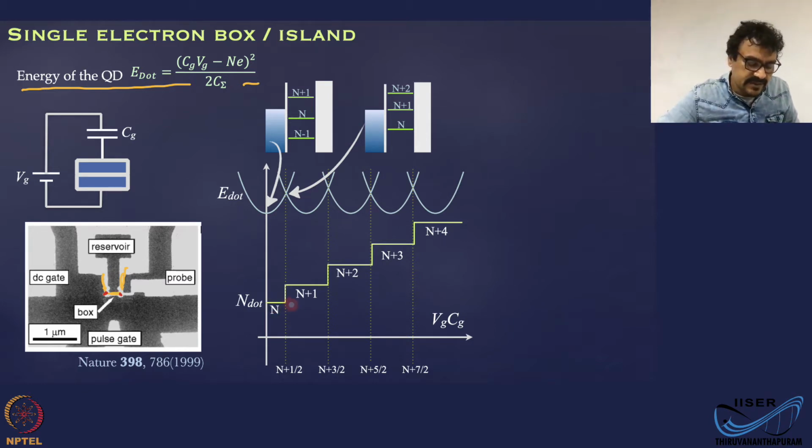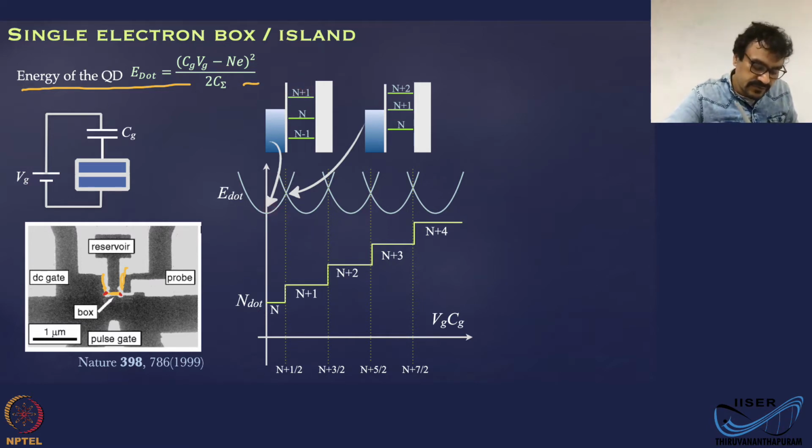At this point, at one of the bottoms of this parabola, the energy level corresponding to this point is shown here, where this state is full with n electrons, and the n plus 1 electron state here is empty, but that is high up, so there is not enough energy to fill that state.